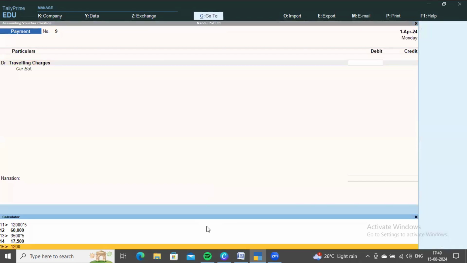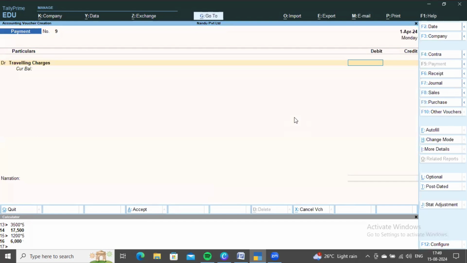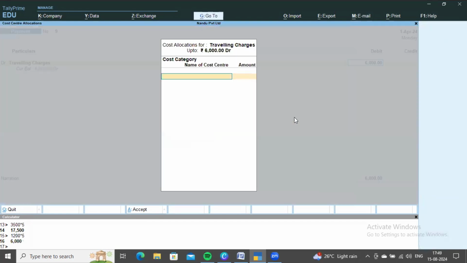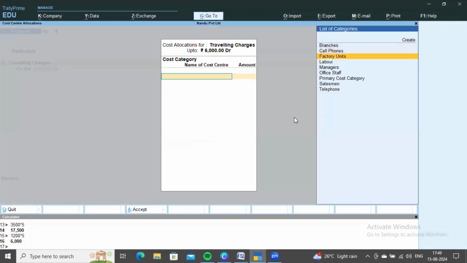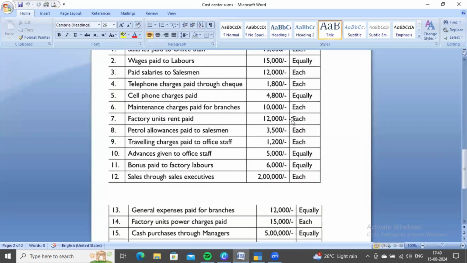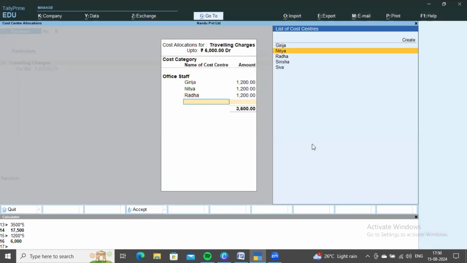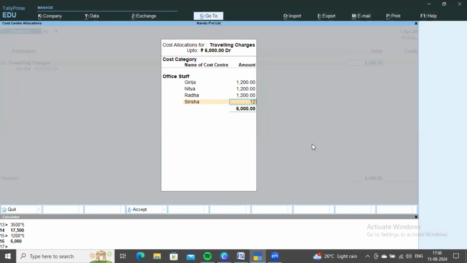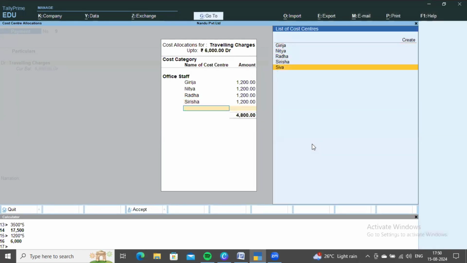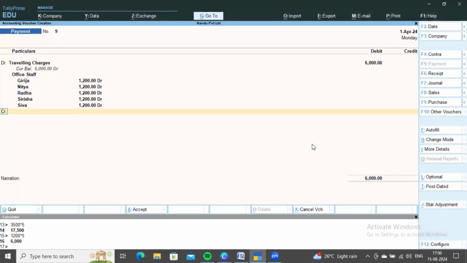Calculate 1,200 into 5 and the total amount is 6,000, right? Give 6,000 here and under office staff assign 1,200 to each member. And Ctrl A to save it and credit cash account.